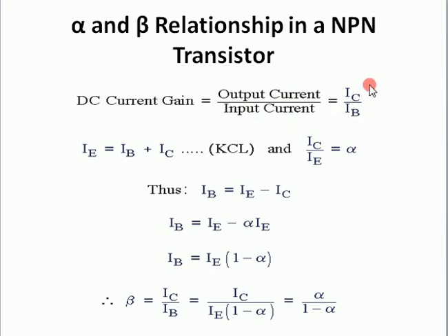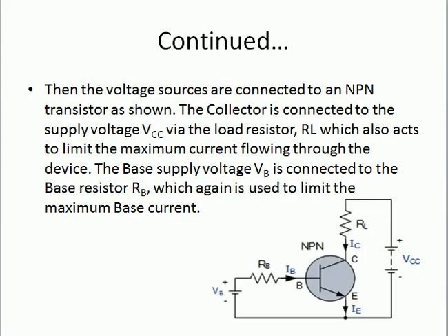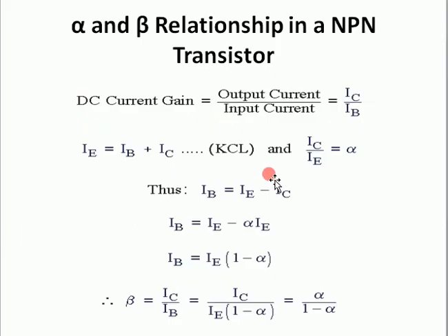The input current is IB and the output current is IC, so that is IC over IB, and that is equal to beta. And alpha is equal to IC over IE, and IE is equal to IB plus IC.